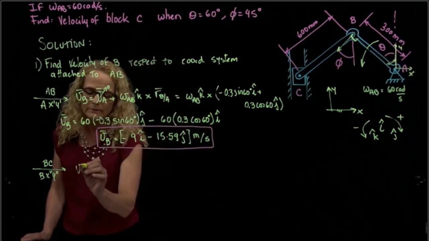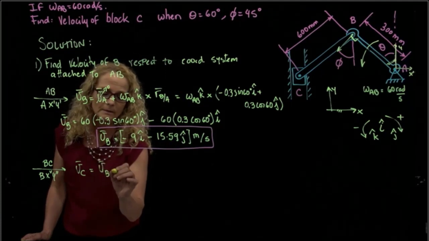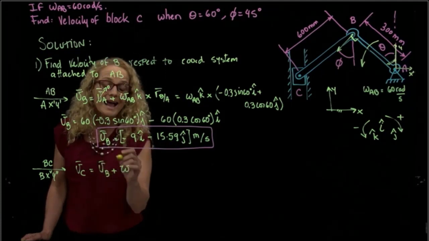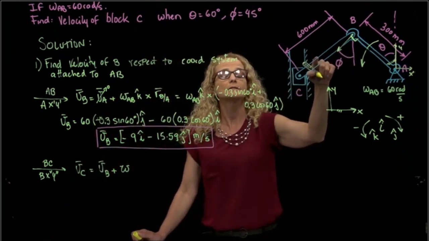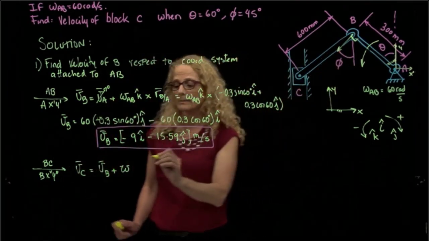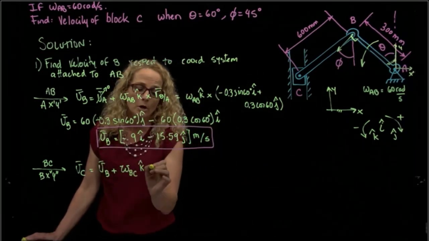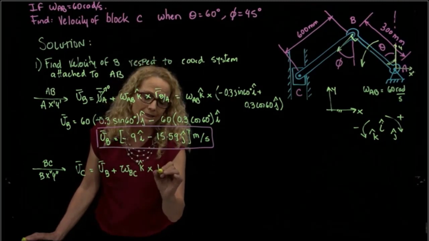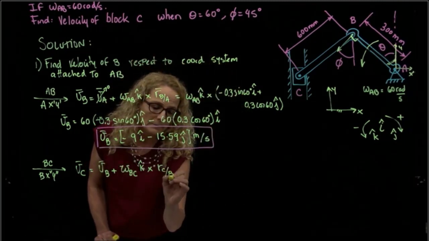I'm going to calculate the velocity of C. And the velocity of C will be the velocity of B plus the angular velocity, now in the other system because I'm using a reference system attached to BC. So I'm going to write here BC, and it's also in K, cross product the position vector of C with respect to B.